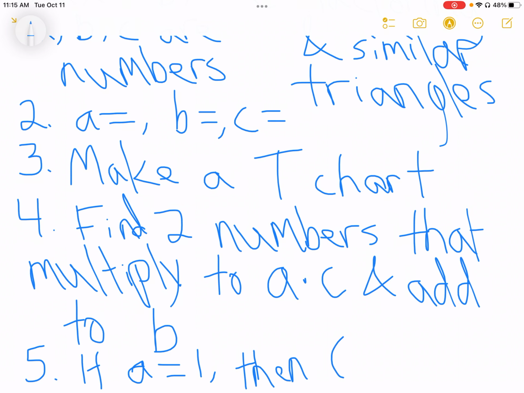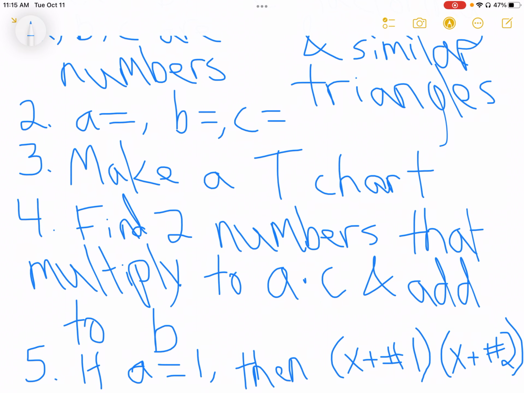We'll have x plus our first number that we found that multiplied and added to, and then x plus our second number here. Okay, so we'll see this in reality in just a second.